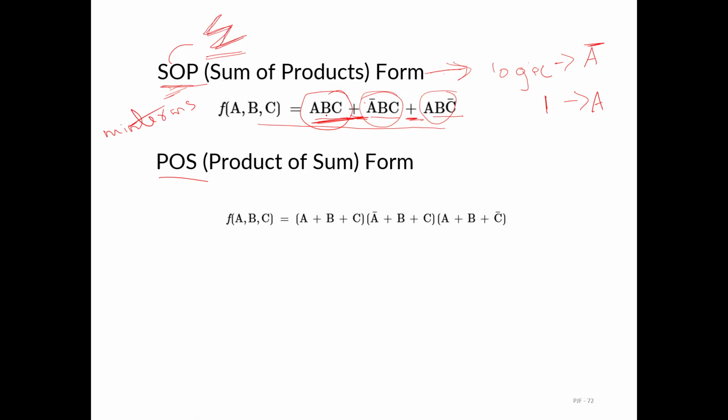What are minterms? All these are the minterms. So what is the value of this one? It is A, B, C, nothing but 1, 1, 1. And this is A bar B, C, so it is 0, 1, 1. And this is 1, 1, 0. So 1, 1, 0 represents minterm 6, this represents minterm 3, and this represents minterm 7.